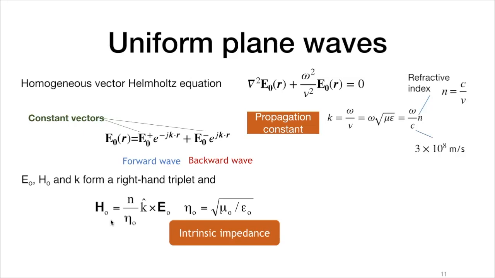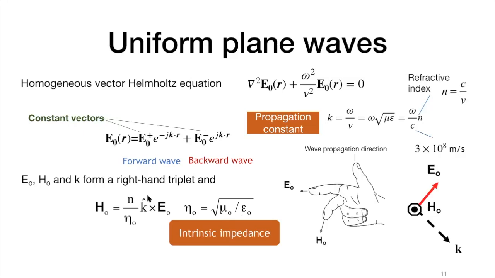And from this relation we can also learn that the relation between H node and E node equals what is called the intrinsic impedance, which is independent of the electric field and magnetic field and just depends on the medium where the wave travels, on the ratio between mu node and epsilon node, here defined in free space.